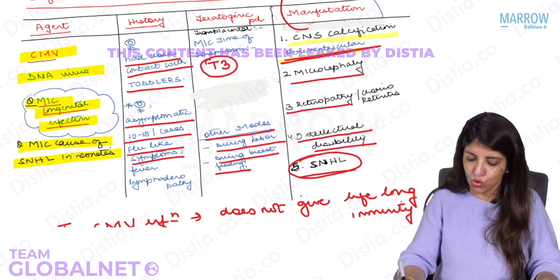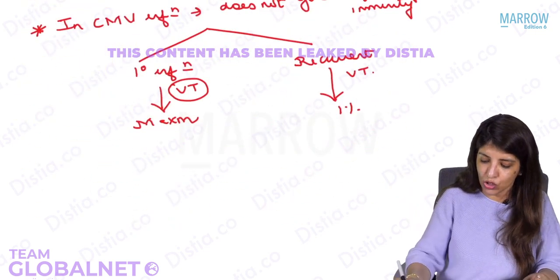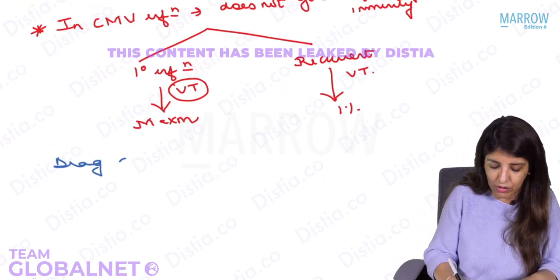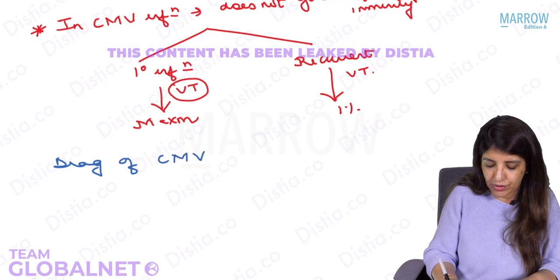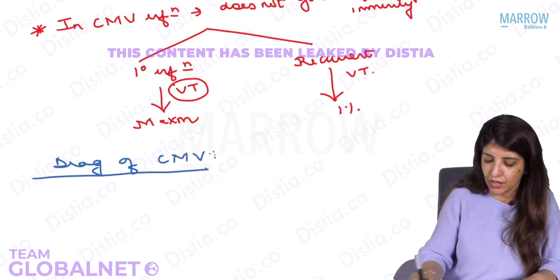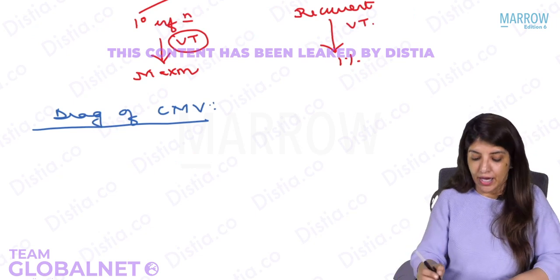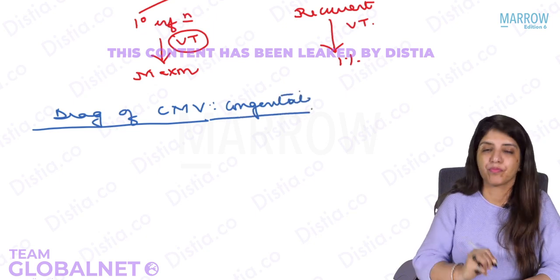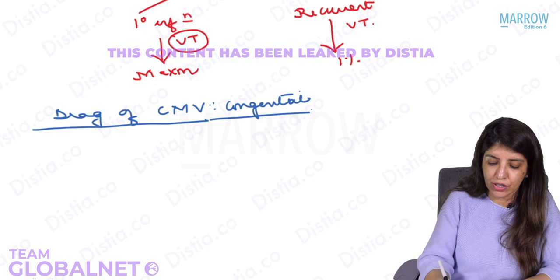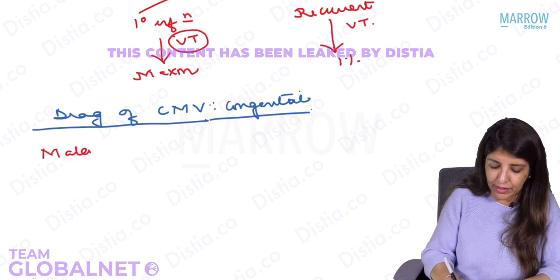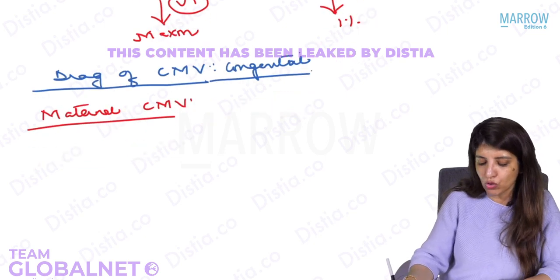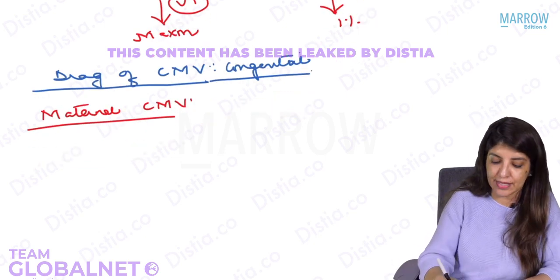Now, if there is no confusion, let us also talk about the diagnosis of cytomegalovirus. How am I going to know that congenital infection has happened? For that, first I should know whether maternal cytomegalovirus infection has happened or not.